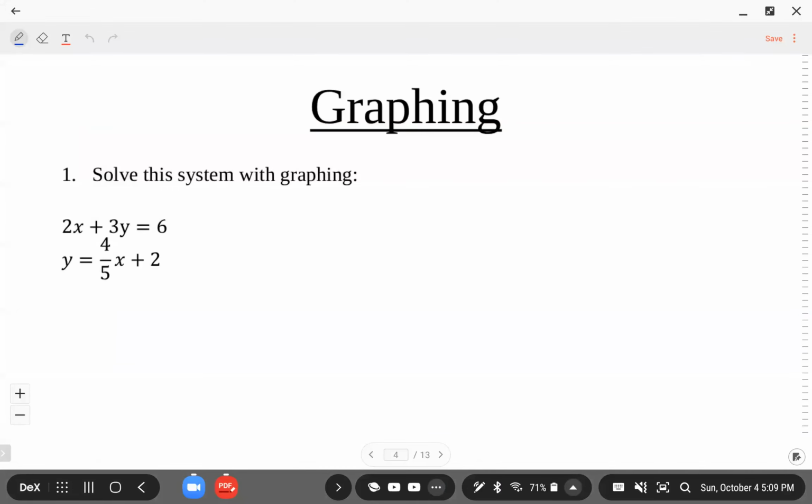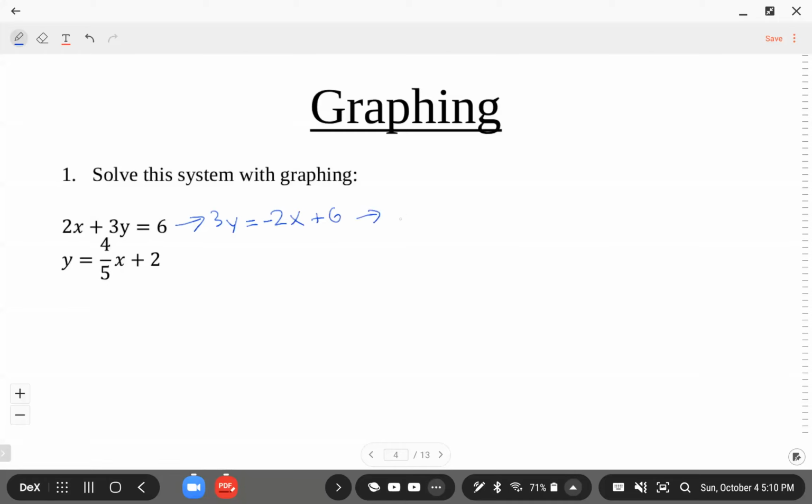So, systems with graphing. We know that slope-intercept form is the best way to graph because it gives you the y-intercept and the slope, so it's very easy to graph. Let's convert this to slope-intercept form. First step: 3y equals negative 2x plus 6, right?